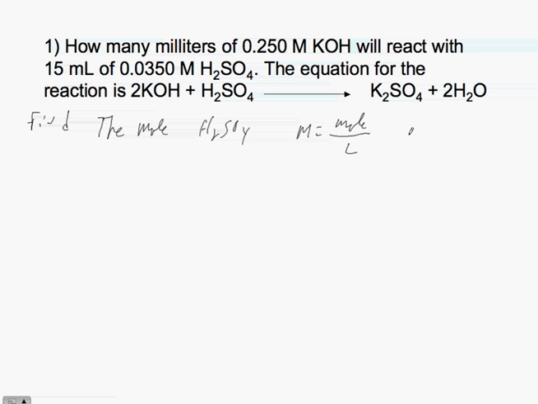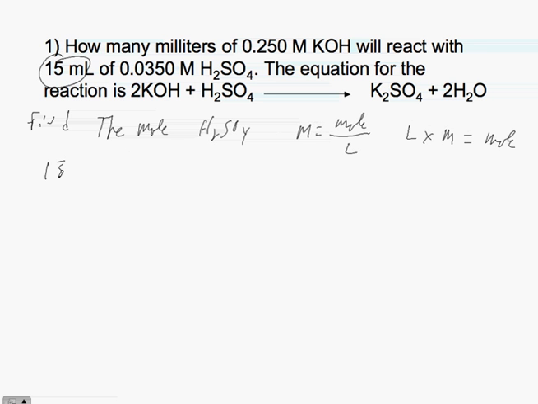So we rearrange this equation and get liters times molarity, which gives us our moles. In this instance, we're going to convert 15 milliliters to liters.